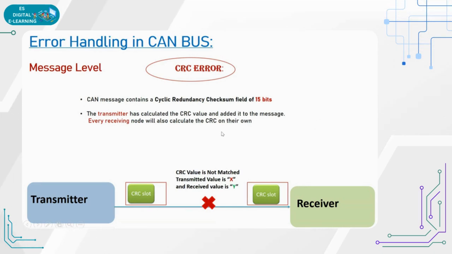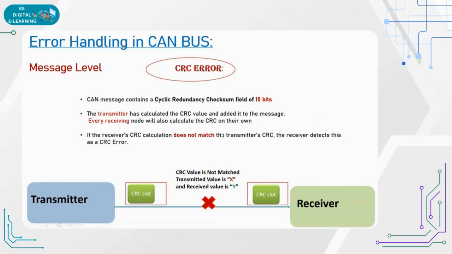If the receiver's CRC calculation doesn't match the transmitter's CRC, the receiver will detect a CRC error. This is one important point you should write down. So this is about the CRC error.